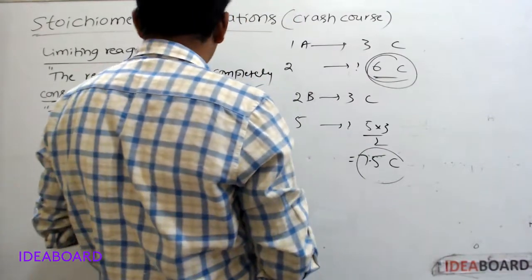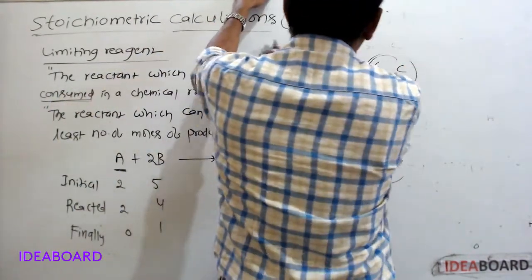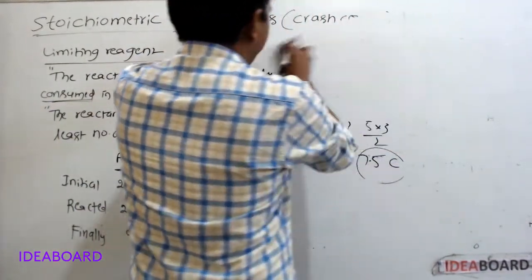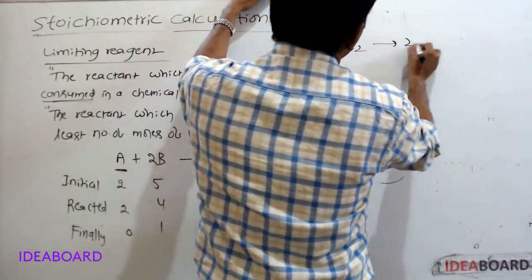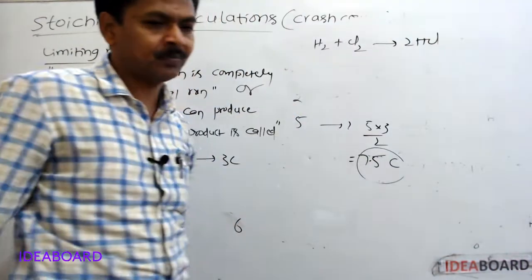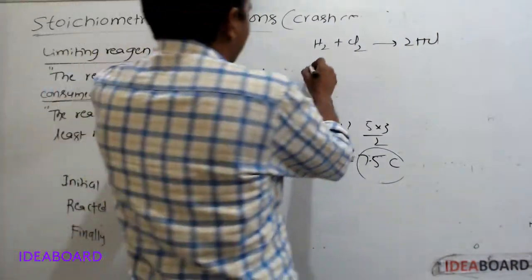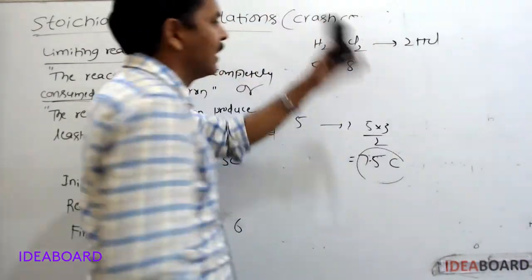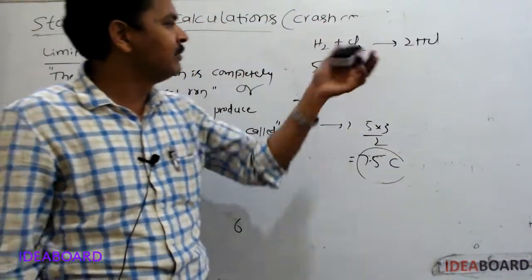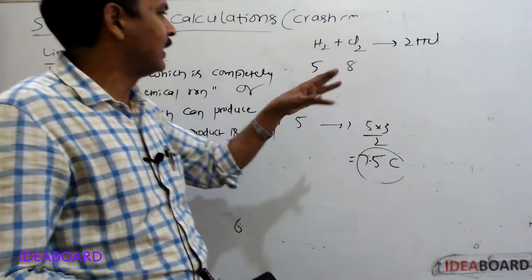For example, if the reaction is given like this, H2 plus Cl2 gives 2HCl. 5 moles of hydrogen, 8 moles of chlorine are given. Then which is the limiting reagent? Directly we can tell.